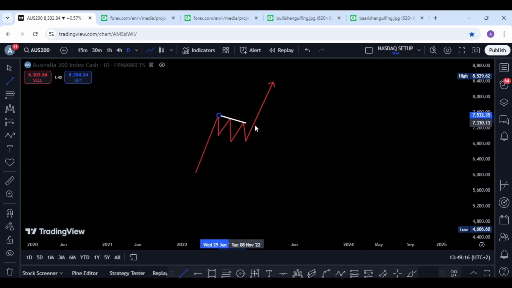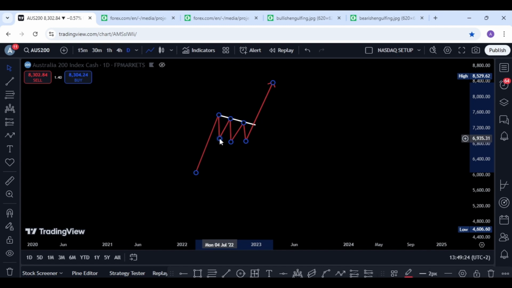Yeah, flags look like this. See this? This normally signals a continuing movement.